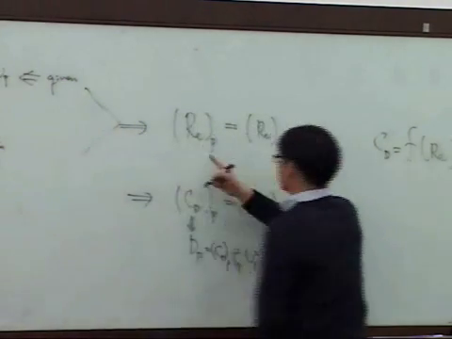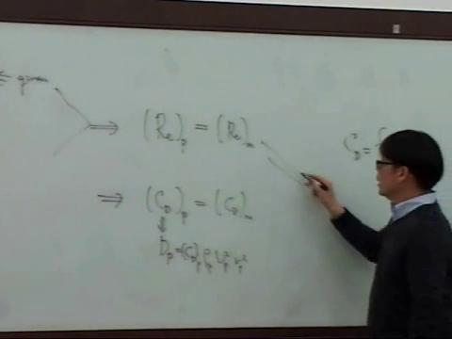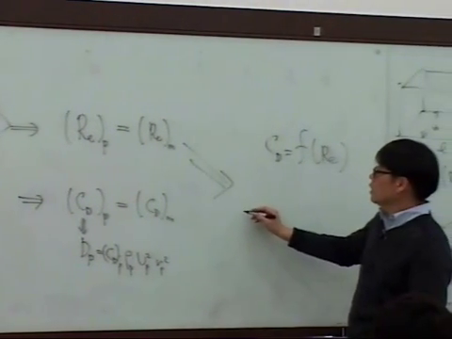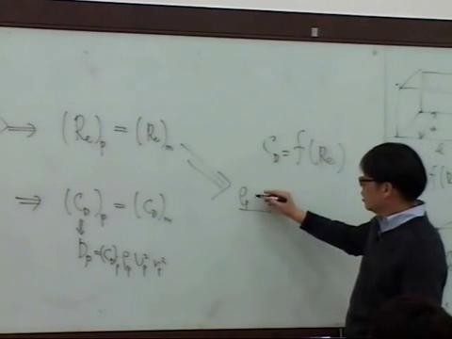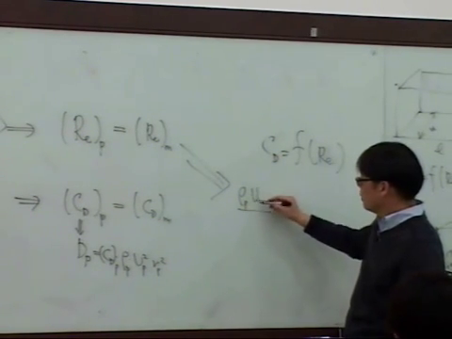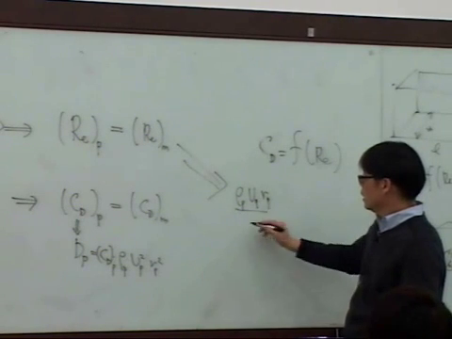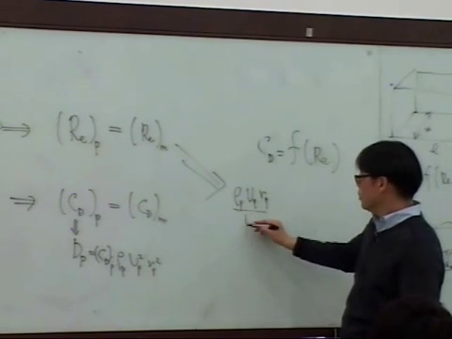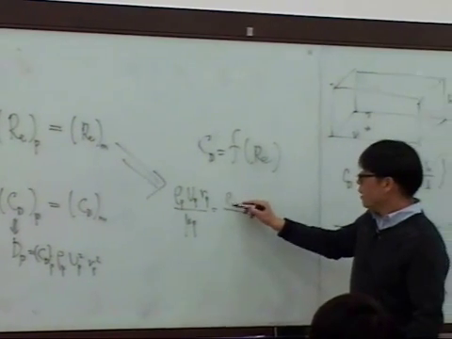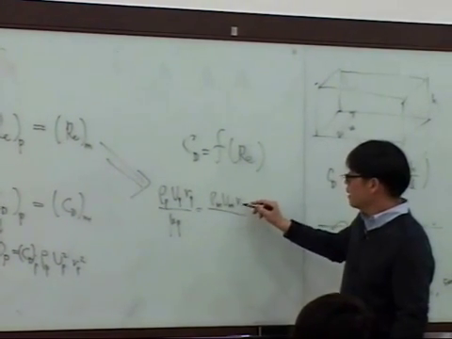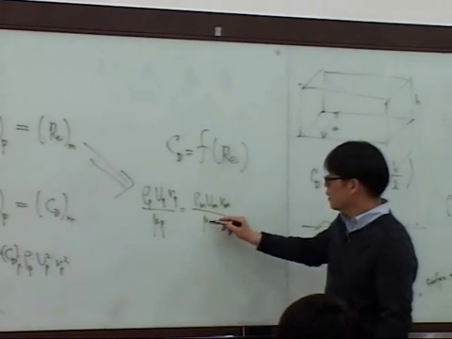So all you have to do is make this match, and that will give you rho p u p r p divided by mu p is equal to rho m u m r m divided by mu m.